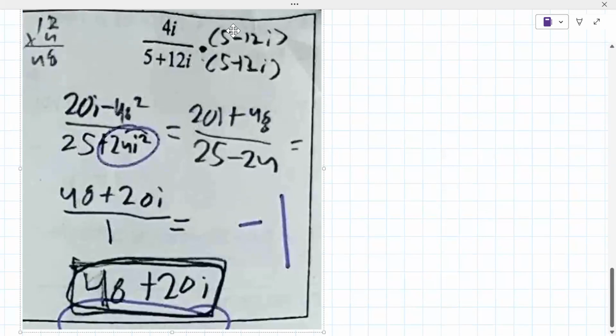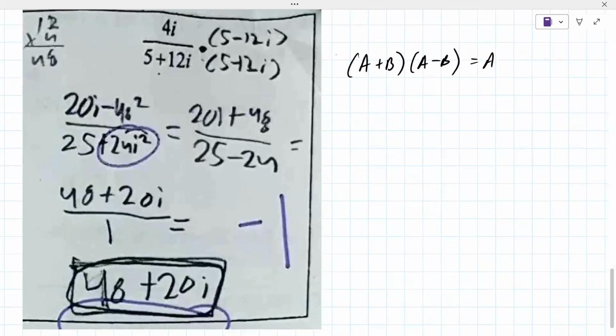Yeah, so this is fine if you multiplied by the conjugate. The issue here is that when you have a plus b times a minus b on the bottom, you're squaring them.